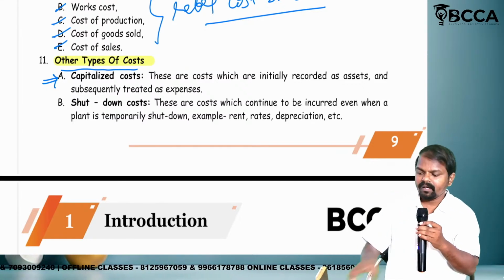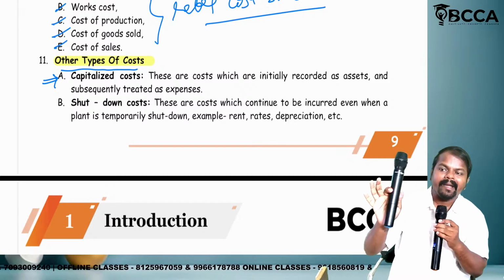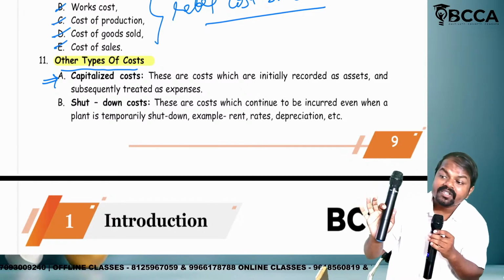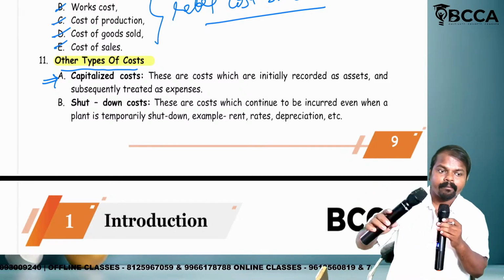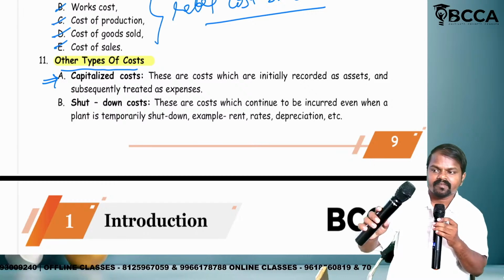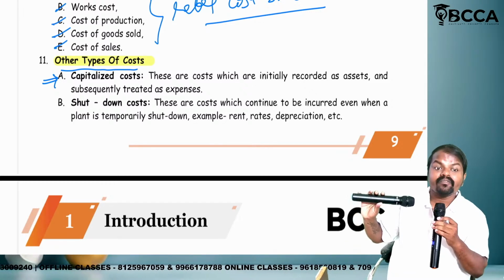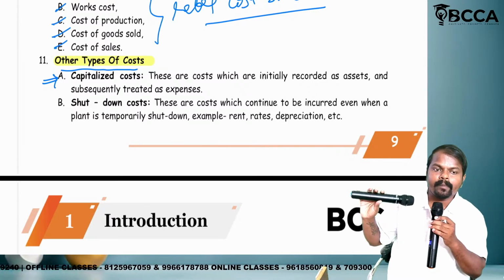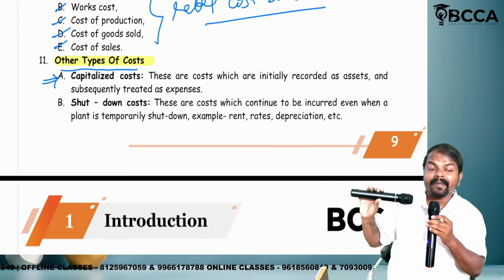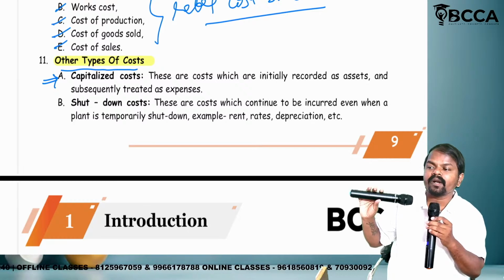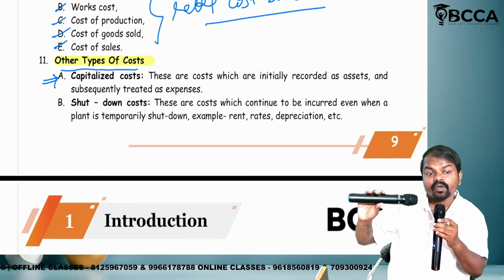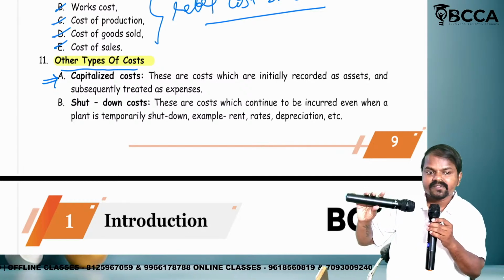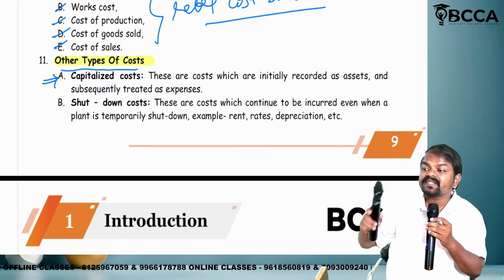For example, I purchased a mic costing 4,000. The mic is an asset, so I record 4,000 expenditure as an asset. With 10% depreciation, I write in the P&L account depreciation on mic, 400. Initially 4,000 is an asset; subsequently 400 is called expense.